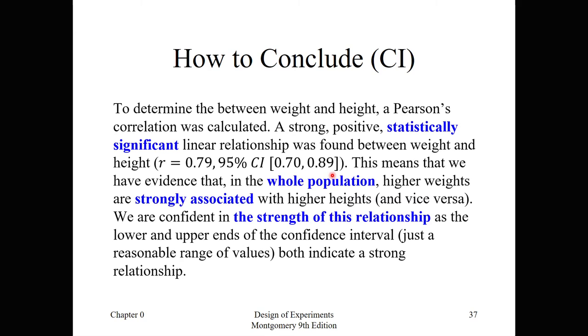Both of these are very high correlations depending on the context. So for both of these, this is indicating a strong relationship. Even if the value was at the lowest possible reasonable expectation of 0.7, this is still a strong relationship or a strong association. And because of this, I can be confident in the strength of the relationship because even the lowest hypothesized relationship in the confidence interval is still pretty darn strong.